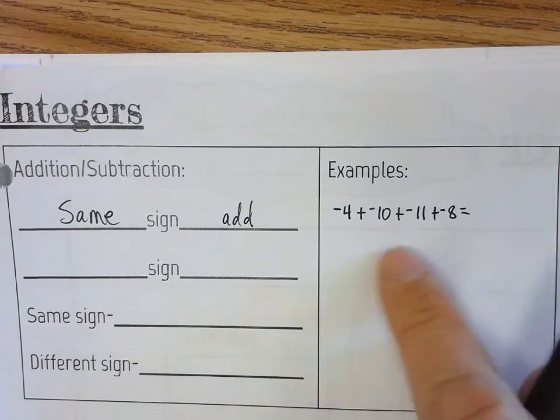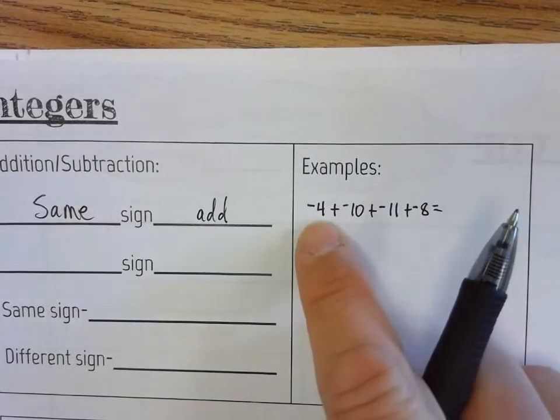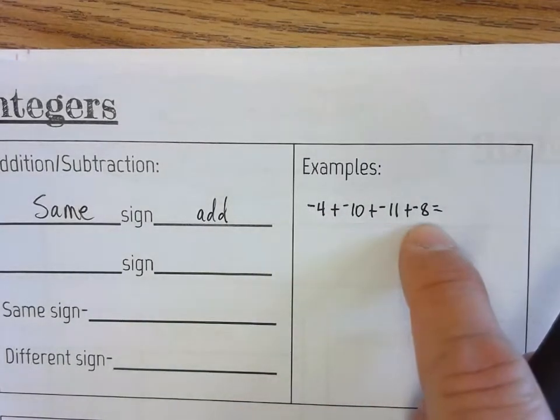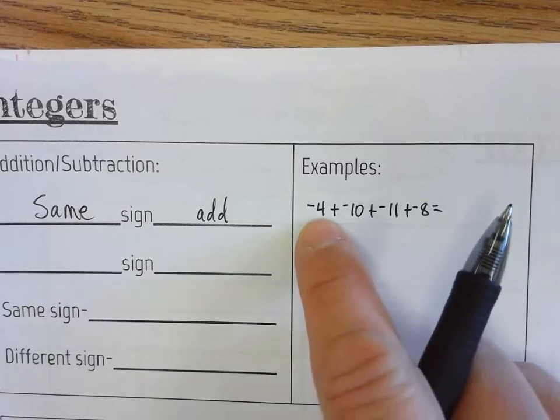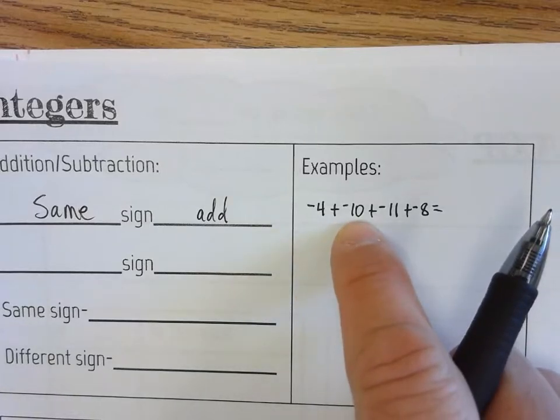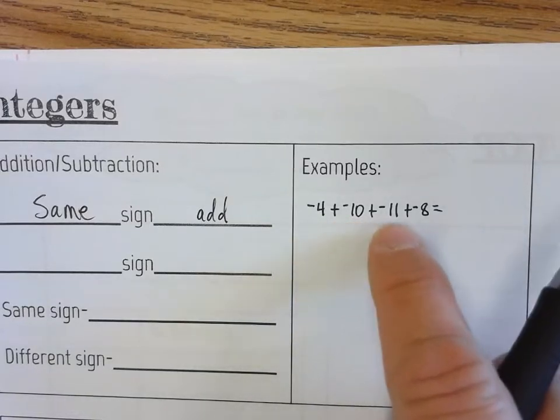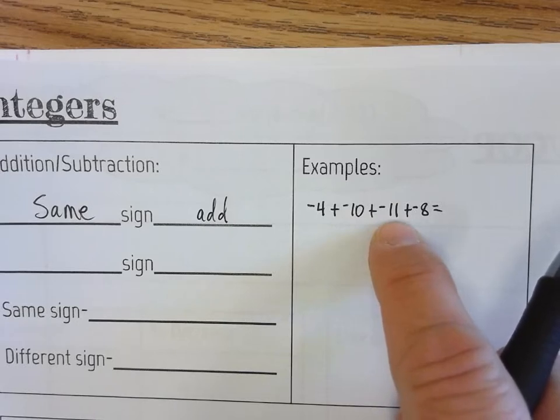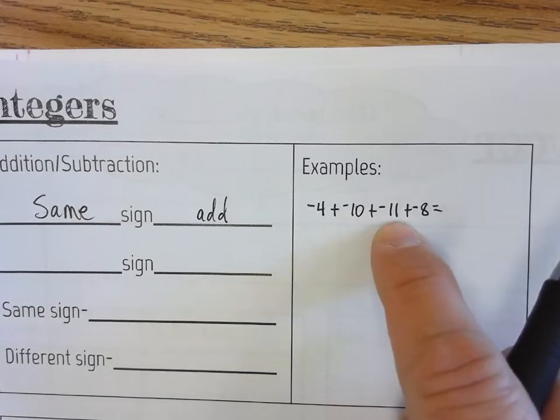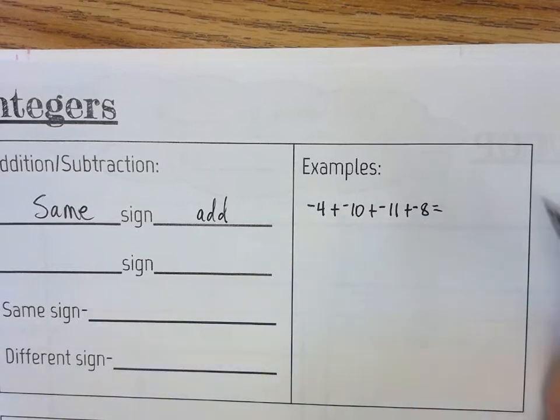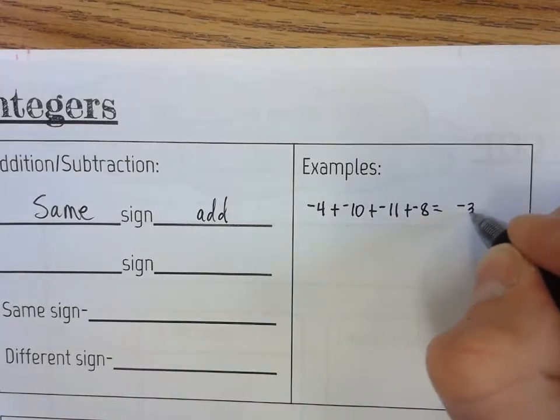You can see how they all have the same sign. -4 plus -10 would be -14. -14 plus -11 would be -25. And -25 plus -8 would be a grand total of -33.